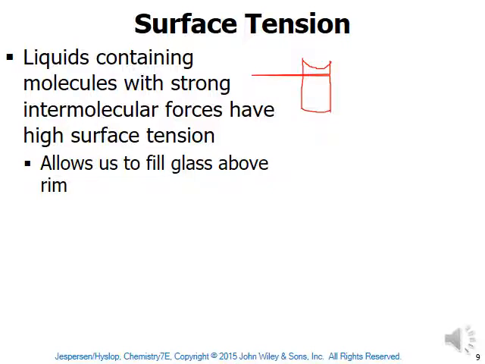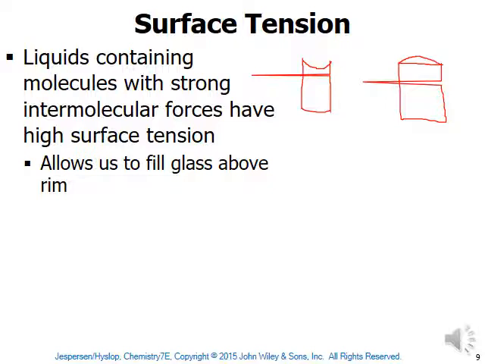What this is saying is, if you fill a cup with water all the way to the top, the water will actually ball up at the top. That's because of surface tension.